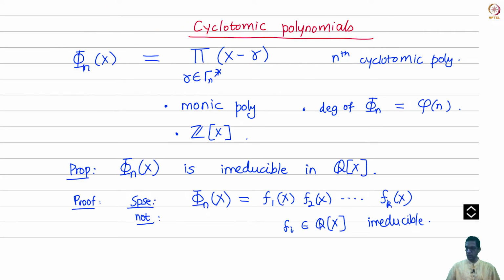By this lemma, what can we conclude? We have written Phi_n(x) as a product of f_k's. The f_k's are all irreducible, and I can always assume they're all monic. Now this lemma applies because Phi_n(x) we have already shown to be a monic polynomial with coefficients in Z[x].